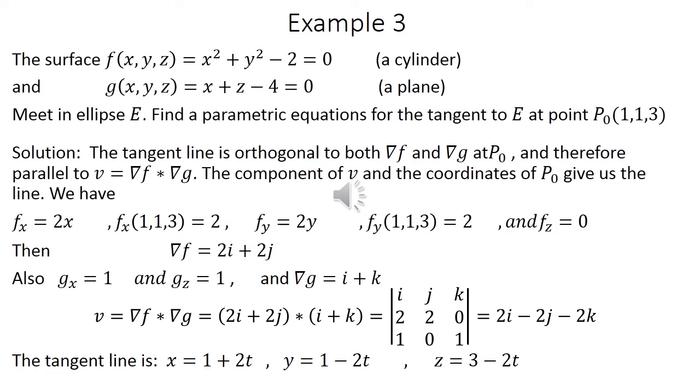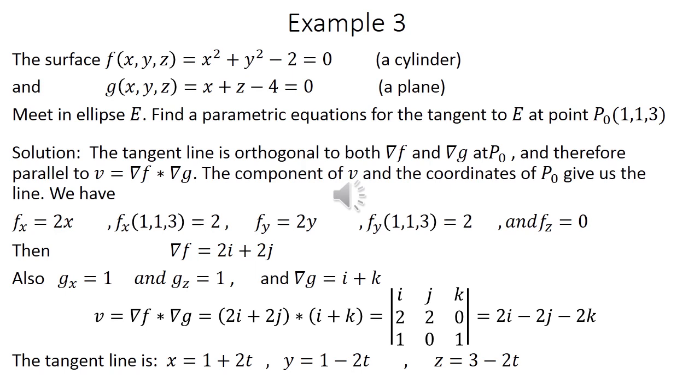So the vector v is the cross product of gradient f and gradient g, equal to 2i plus 2j times i plus k, which we can write as the determinant of a 3 by 3 matrix: i, j, k in the first row, 2, 2, 0 in the second row, and 1, 0, 1 in the third row. You compute the value of that determinant, you get 2i minus 2j minus 2k.